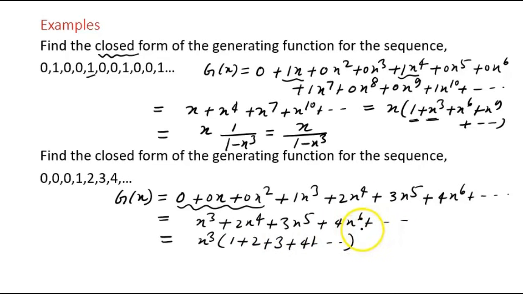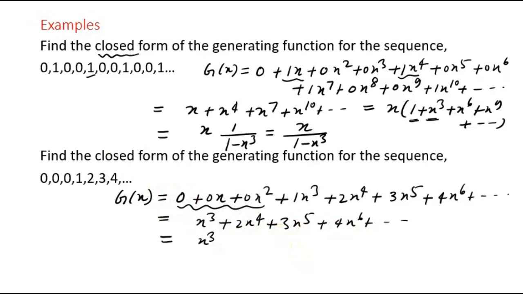So this can also be written as x cube, and I think I made a mistake here. When I took x cube common, I should write 2x. Let me correct it here, because I have to keep the x term as well.